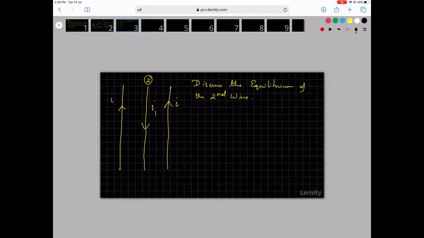Discuss the nature of the equilibrium of the second wire. This is wire 1, this is wire 2, this is wire 3.